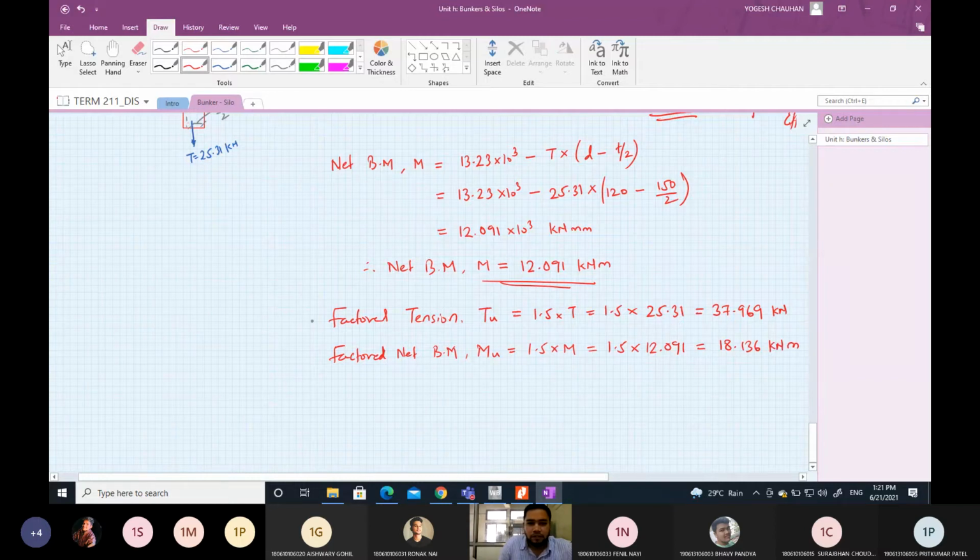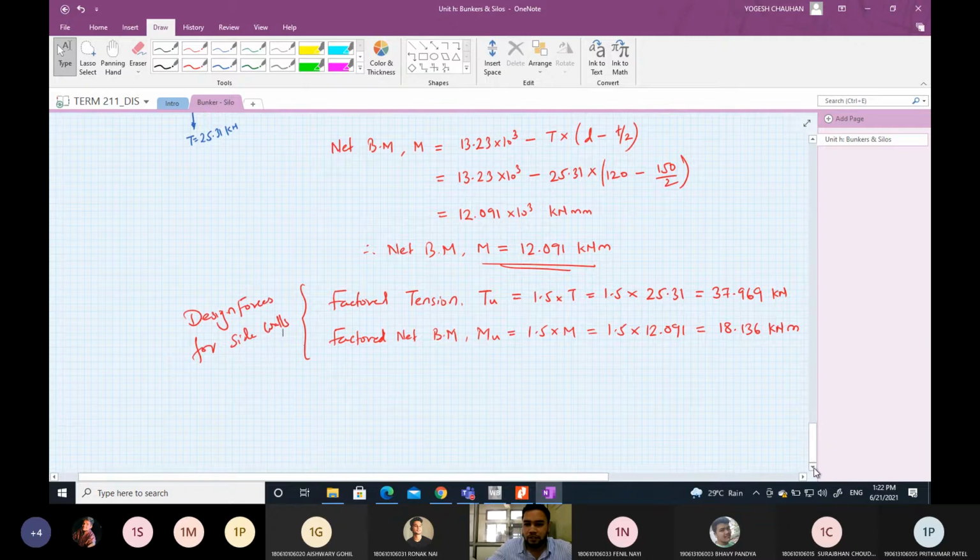Now these are the design forces for which the side walls is to be designed. So now let us design the side wall.